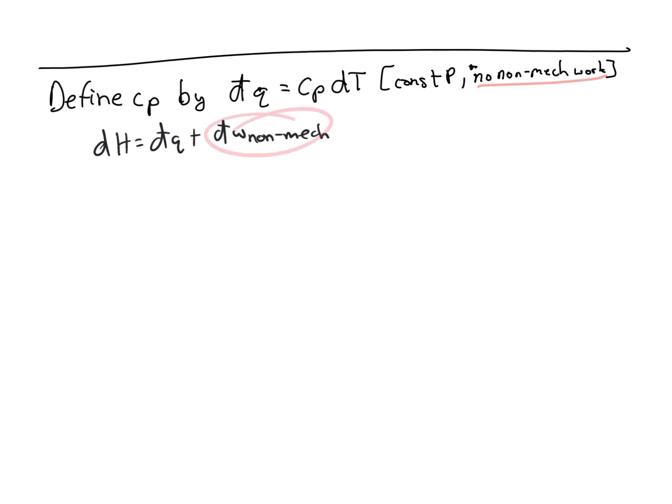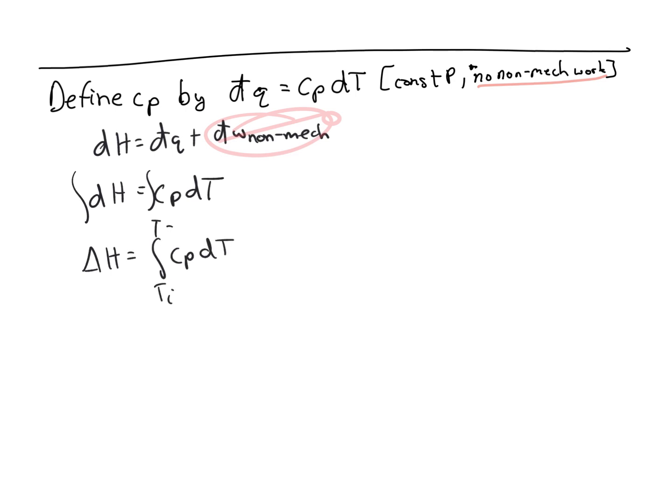We're setting non-mechanical work equal to 0, and so dH is equal to Cp dT. Now if we integrate, delta H is equal to the integral of Cp dT from initial to final. This is going to be true at constant pressure, and maybe technically also constant moles, but we're not really changing moles here.